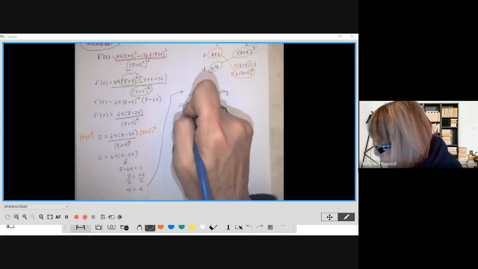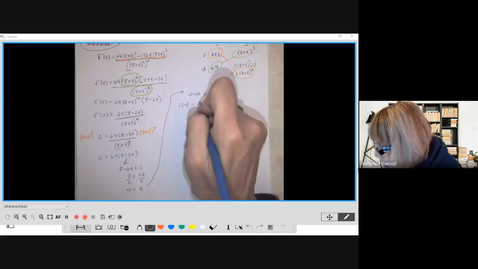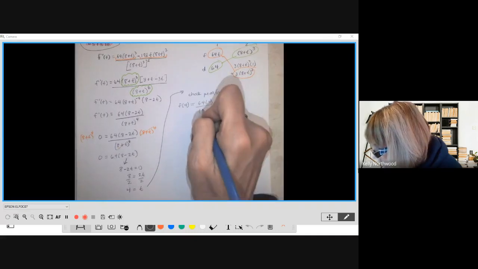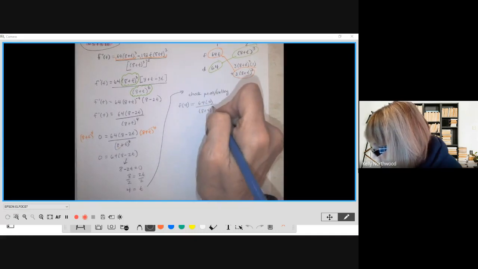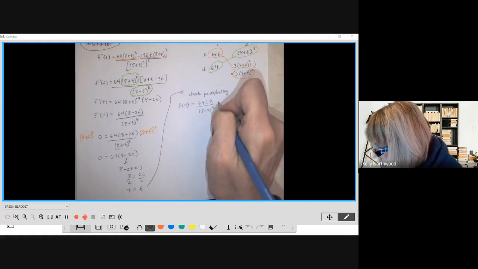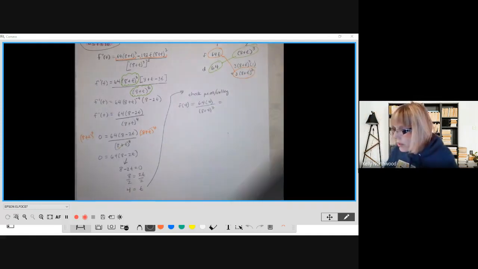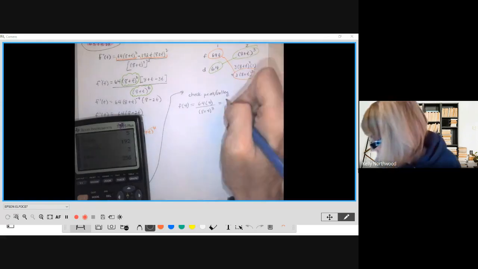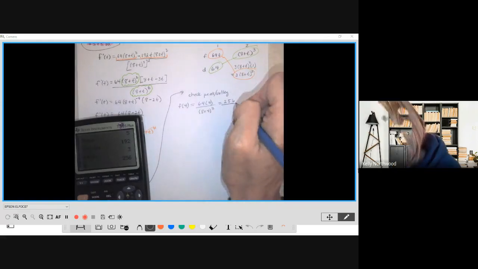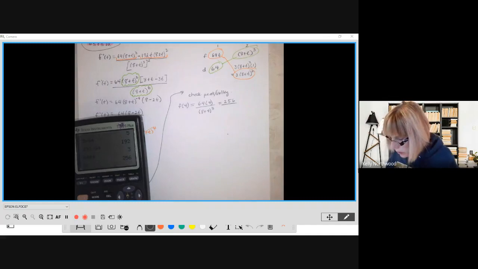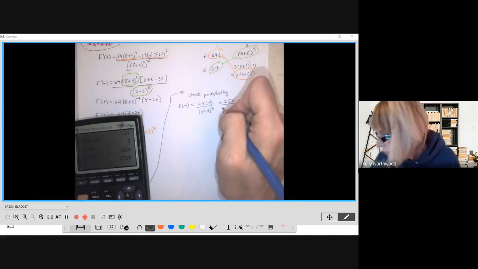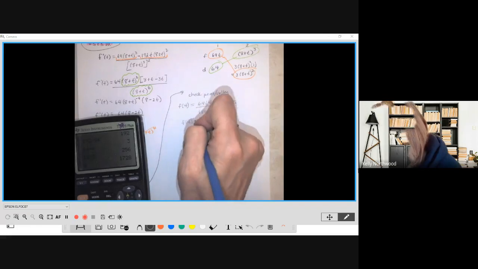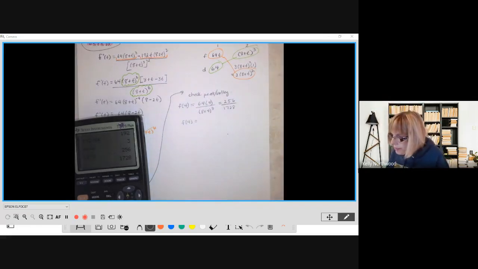So I'm going to find f at 4, which is 64 times 4 over 8 plus 4 cubed, which is 256 over, that's going to be 12 cubed. See if that reduces.